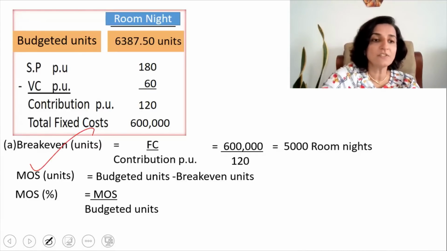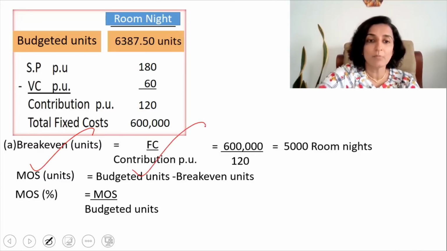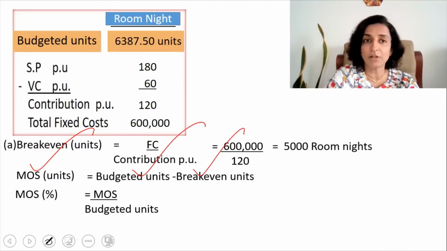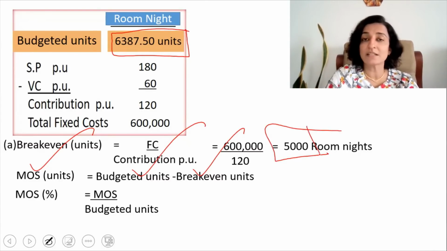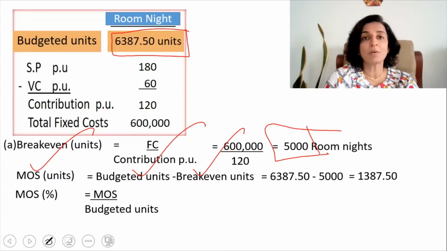Now, the margin of safety in units is budgeted units minus break-even units. Budgeted units is 6,387.5 and the break-even units is 5,000. Substituting those figures, we get 6,387.5 minus 5,000, which gives 1,387.5.